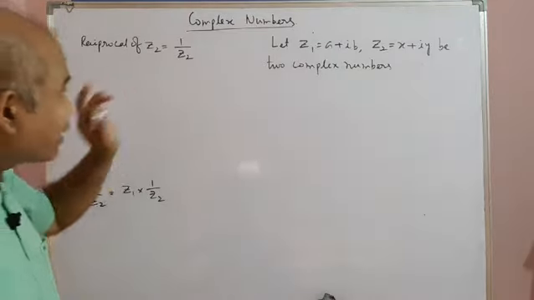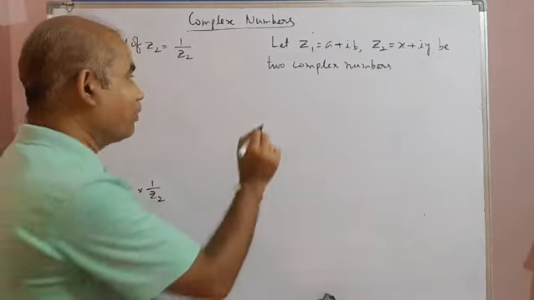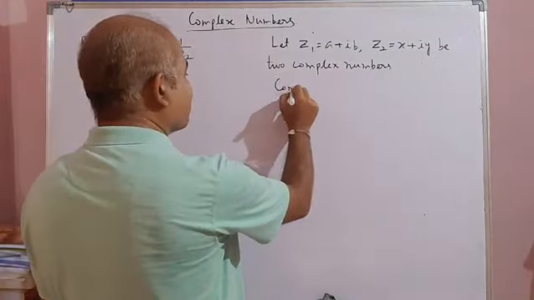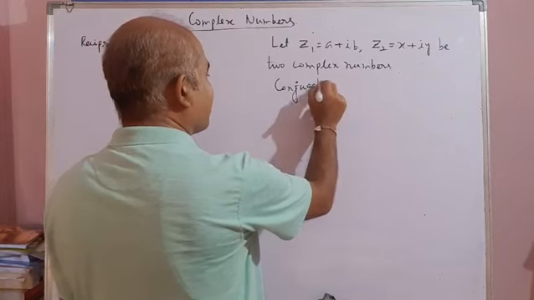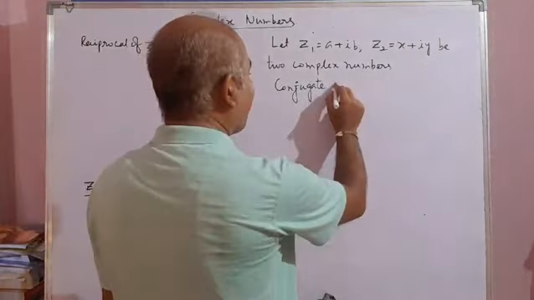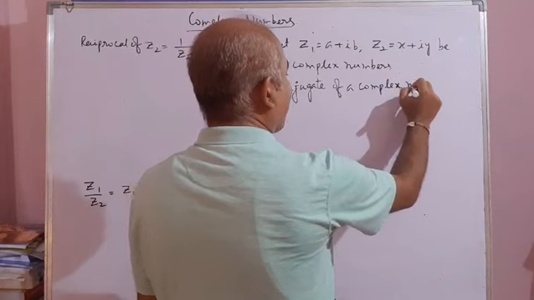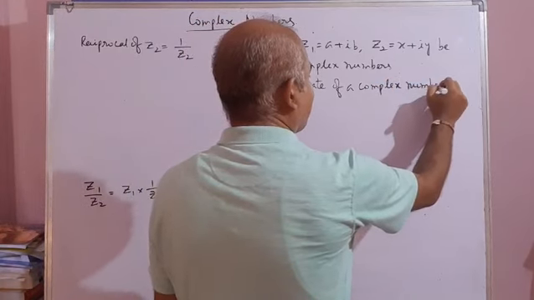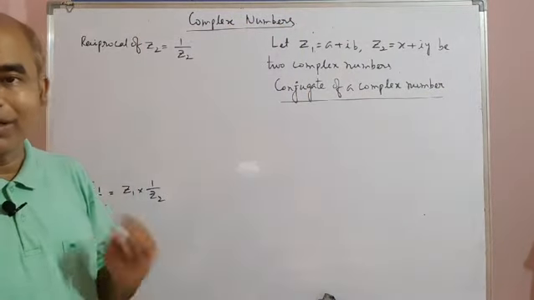Now, to find the reciprocal of a complex number, before discussing that, one thing you have to know, that is called the conjugate of a complex number. So, what is the conjugate of a complex number? That we have to know first before discussing the reciprocal.